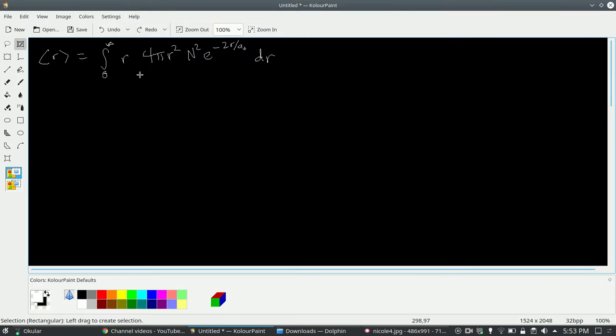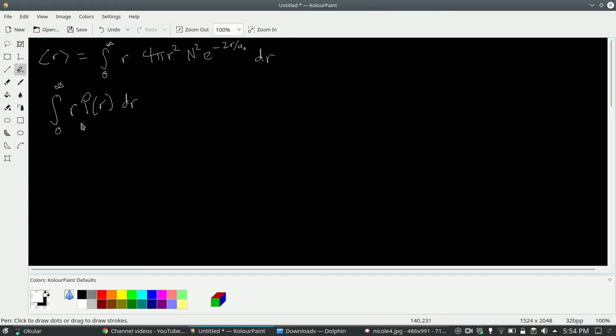Now, they want the average value or the expectation value of r. And to get that, you do the integral over all space of r times the probability of r dr. Now, all space is 0 to infinity because we're using some kind of radial coordinates here.